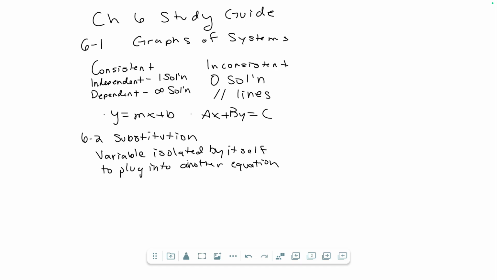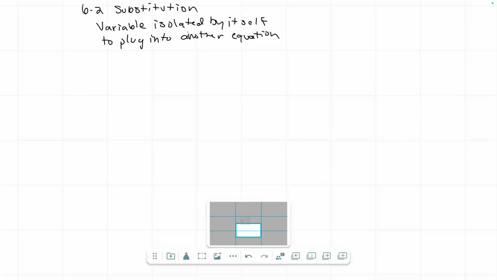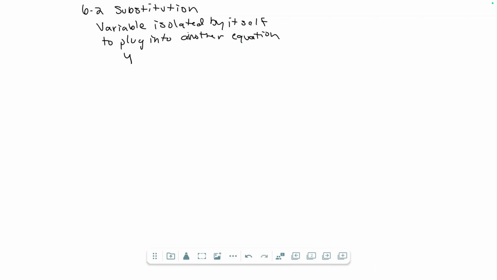Okay? So what this may have looked like is maybe something like this. Y equals 2x plus 6. And then you had 3x minus y equals 8. So like this would be an example where we would use substitution.